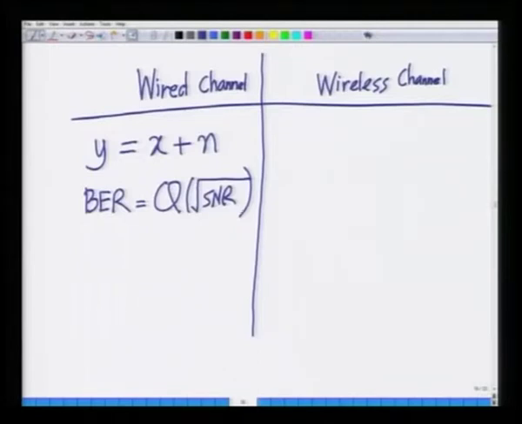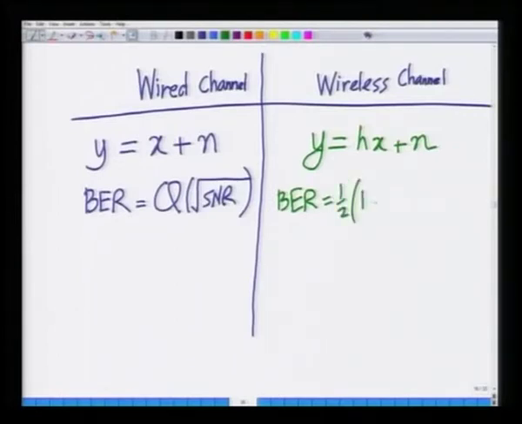A wireless channel is y equals hx plus n, and the bit error rate equals half times 1 minus square root of SNR over 2 plus SNR. This is what we have derived so far.